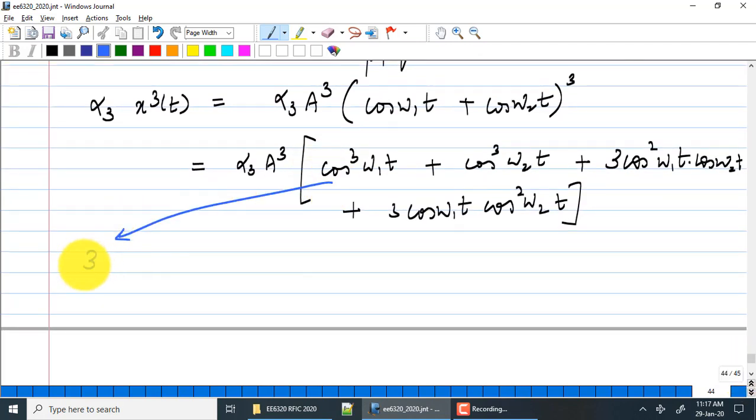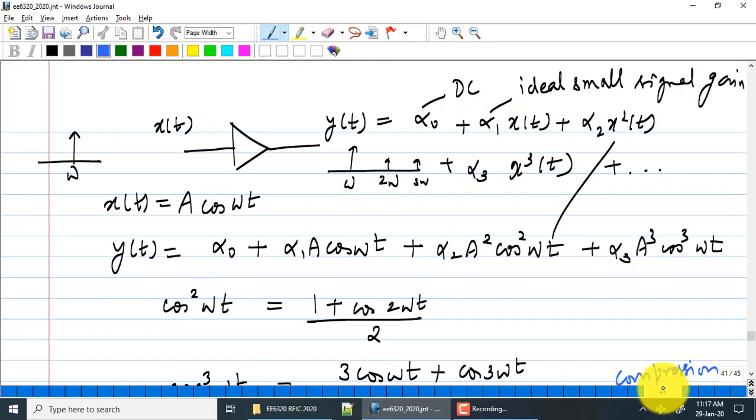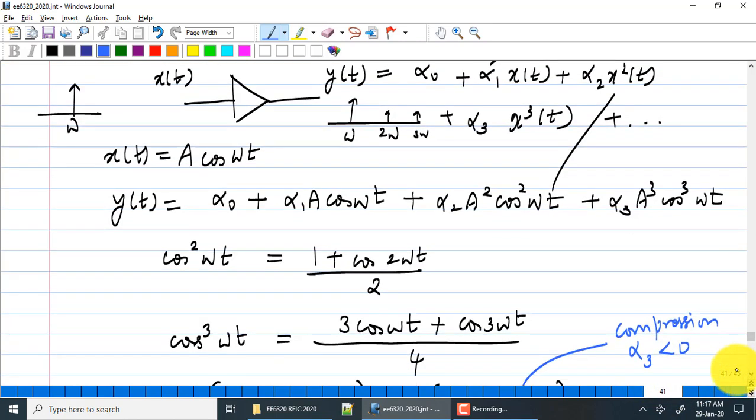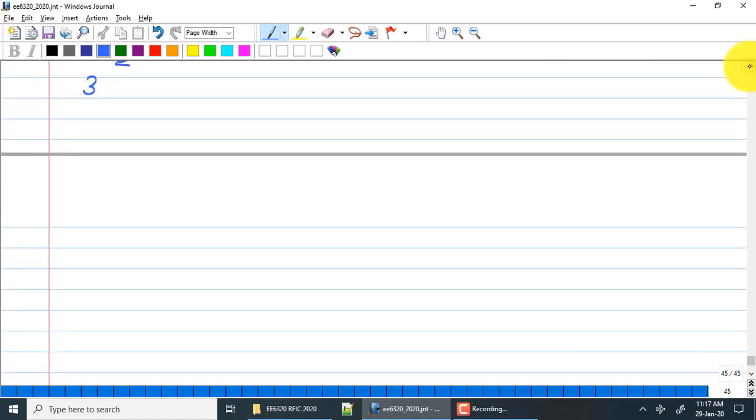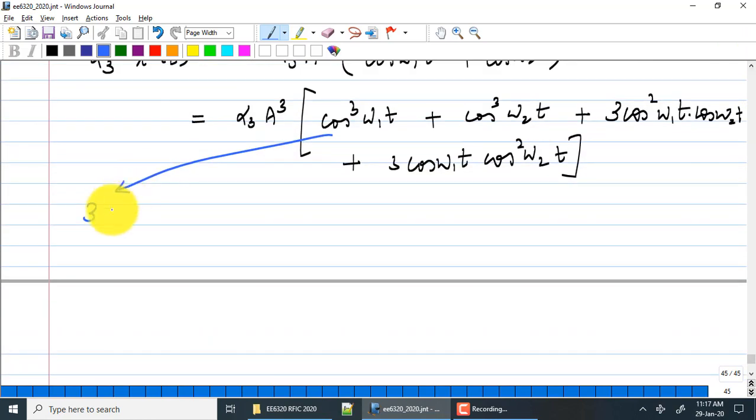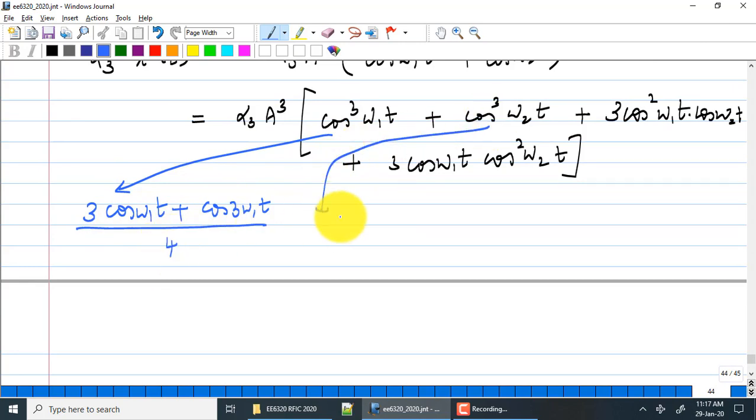What is this? So go back to yesterday's class. We expressed cos cube omega t as 3 cos omega t plus cos 3 omega t by 4. Okay. Third term.